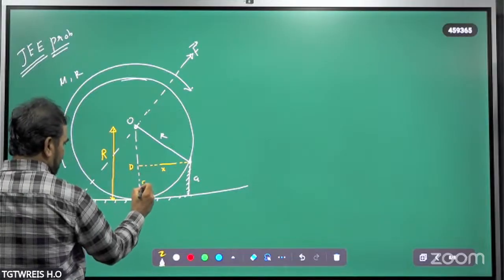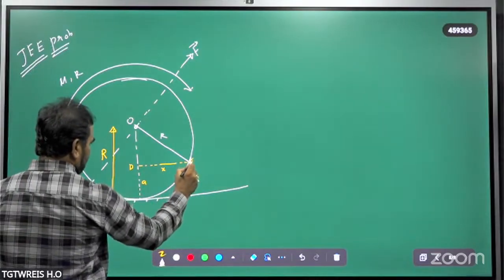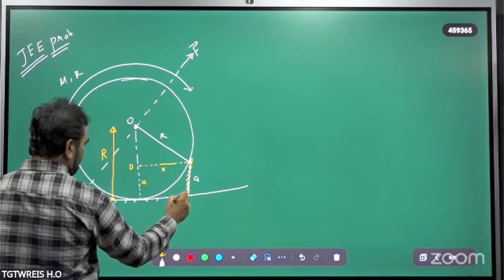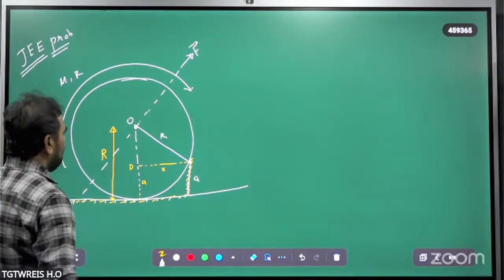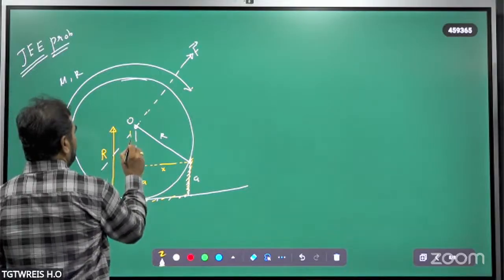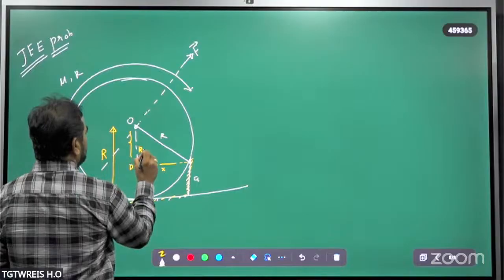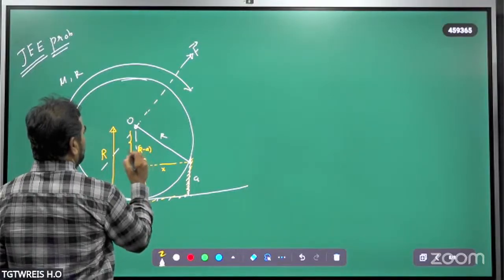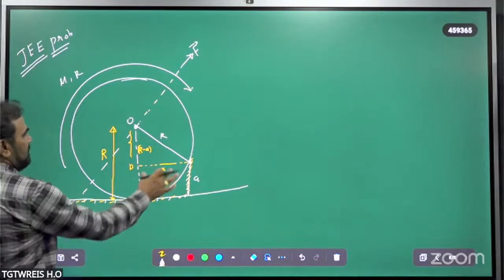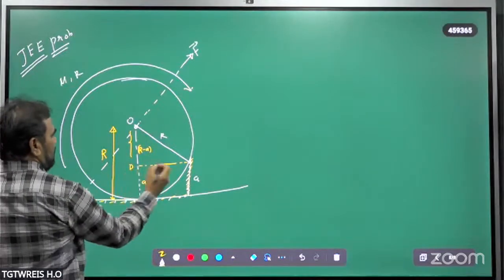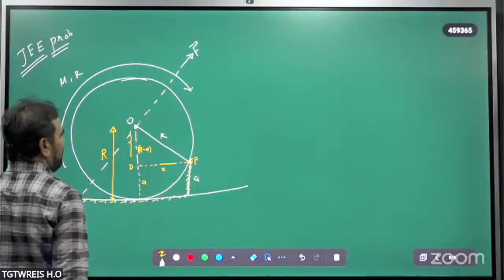This is the height of the step, a. The remaining height is r minus a. This is the point of contact below, at the step.